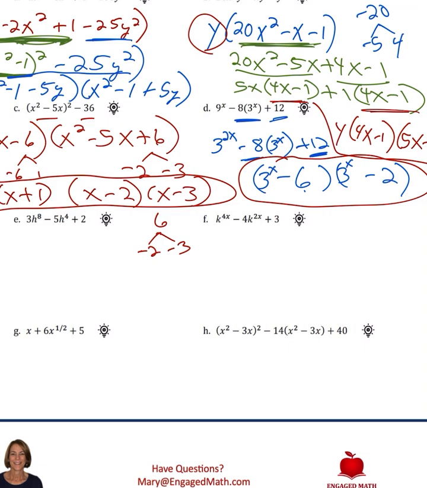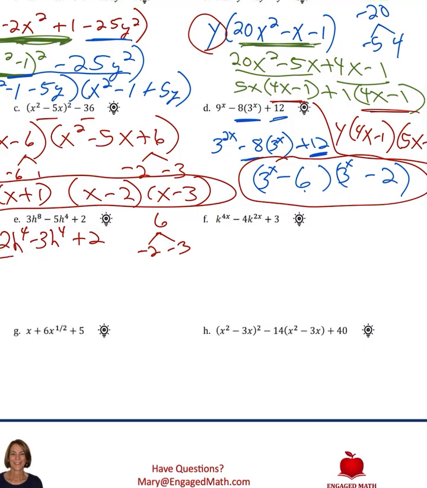So I'm going to rewrite this as 3h to the 8th, notice I'm splitting the middle term, minus 2h to the 4th, minus 3h to the 4th, plus 2. Okay, I haven't changed the expression's value. I've just split that middle term.